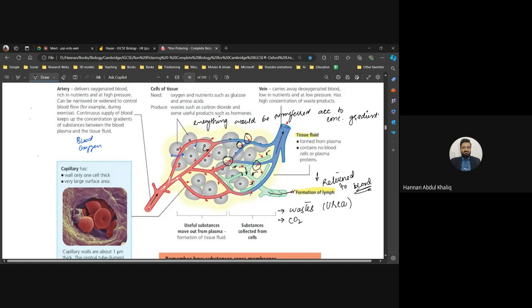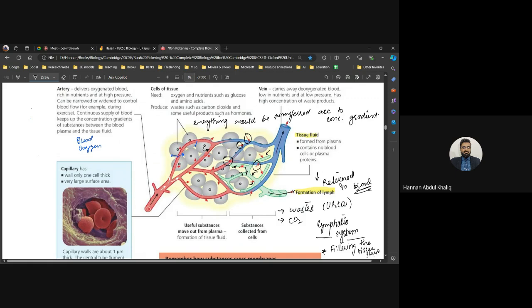It goes through a system called the lymphatic system, and the lymphatic system is very important in filtering the tissue fluid. Why do we need to filter it? Because it tells us a lot of things, like if there is any infection or something like that.